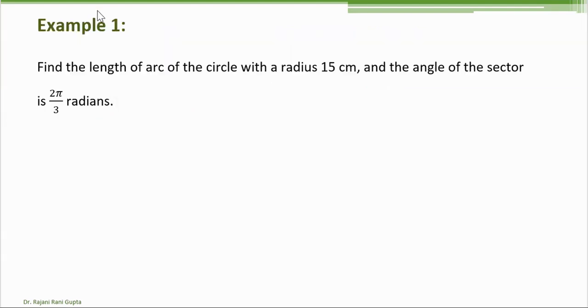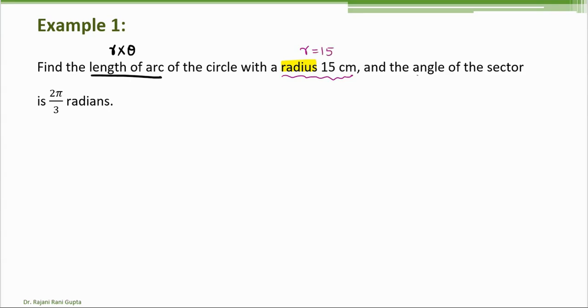The question says, find the length of arc. What is the rule for length of arc? It is R times theta. For the circle with a radius of 15 centimeter. Radius means it is the value of R, which is 15.